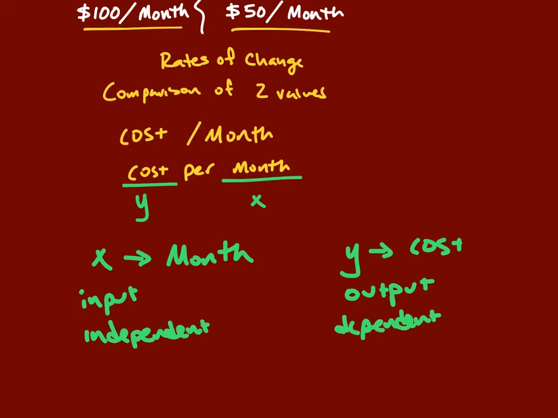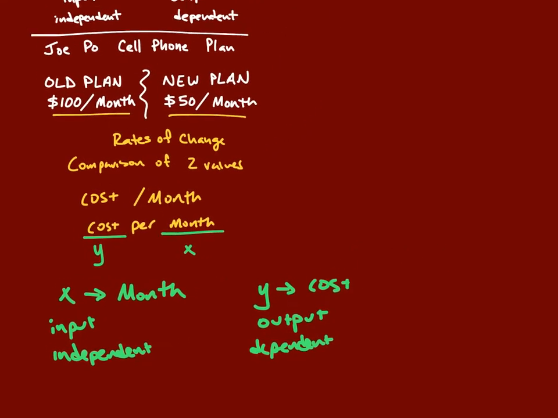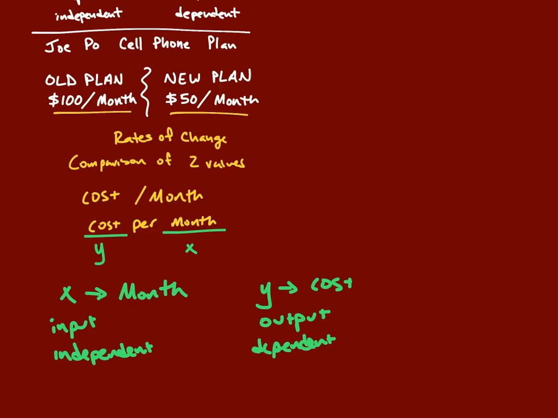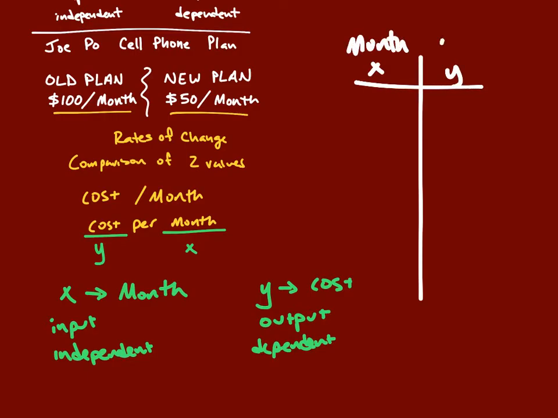One thing I want you to think about is which one depends on what. In this case, the cost depends on how many months go by. Now I'm going to make a table of values with x and y, where x is months and y is cost.